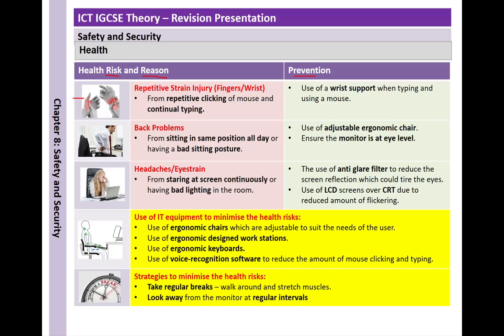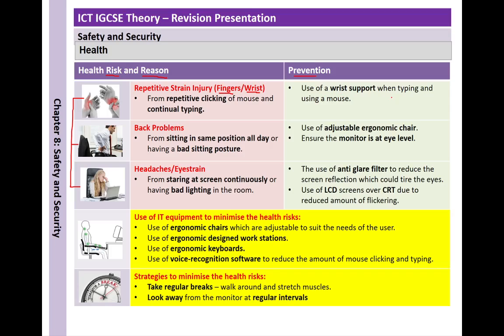Now we have three main health risks that you need to know. The first one is the risk of typing for a long time or using the mouse for a long time. We call this repetitive strain injury, or just RSI. RSI can happen because of typing for a long time, using your fingers for a long time, or using the mouse for a long time.